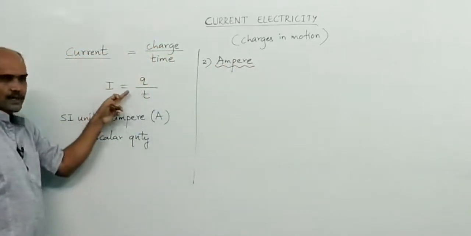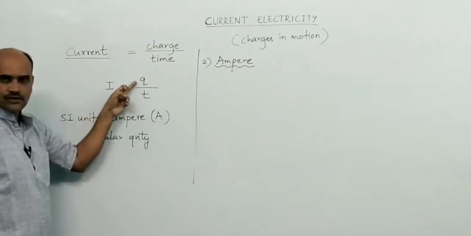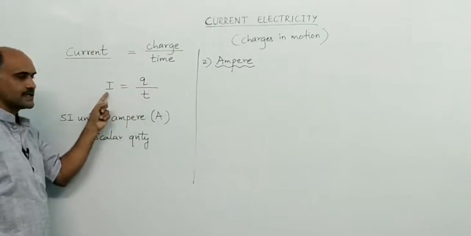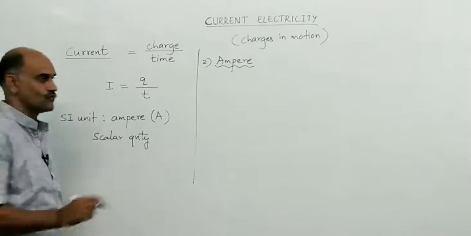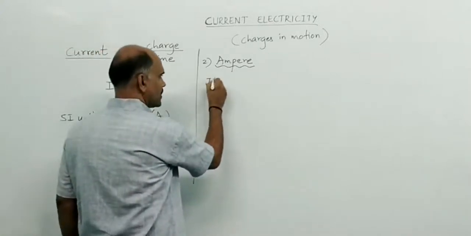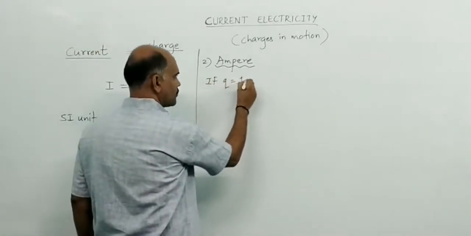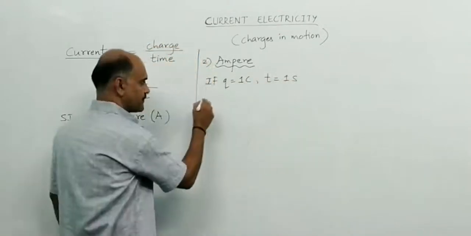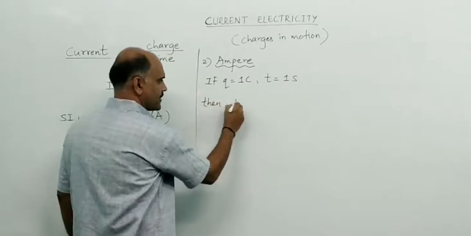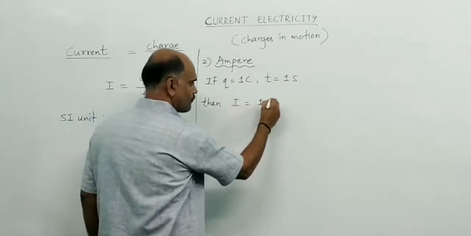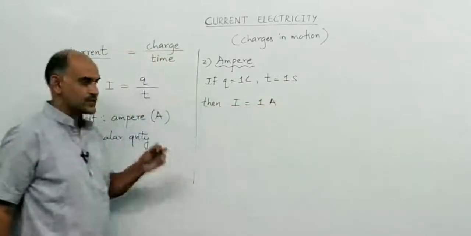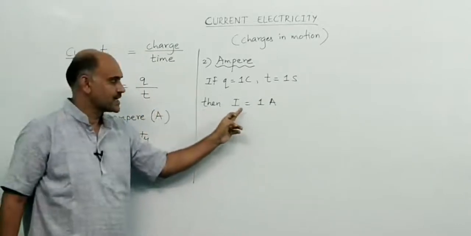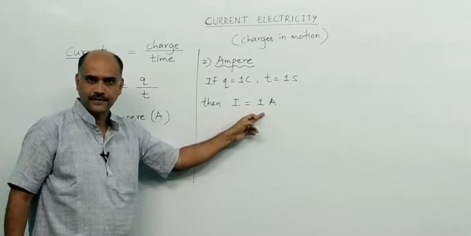In this formula, if Q is equal to 1 coulomb and T is equal to 1 second, then current I is equal to 1 ampere, since 1 divided by 1 is 1.